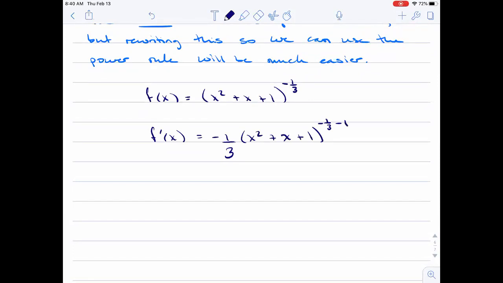Just to show where all these numbers are coming from. Inside, I've just got a polynomial, so that's the power rule combined with the sum or the difference rule. And so now I've just got 2x plus 1 is the derivative of the inside.